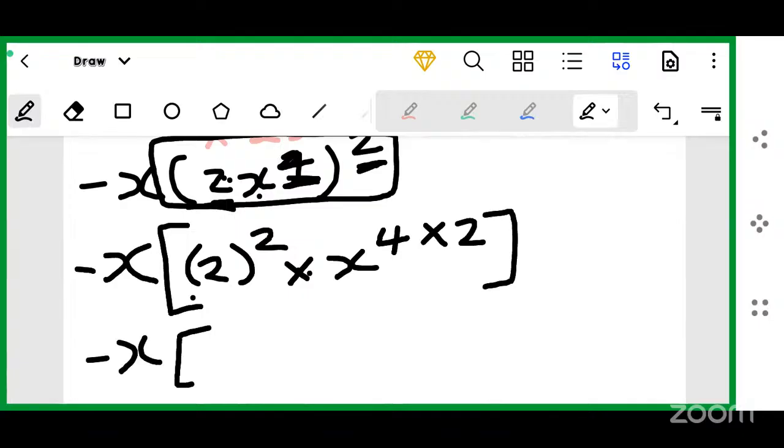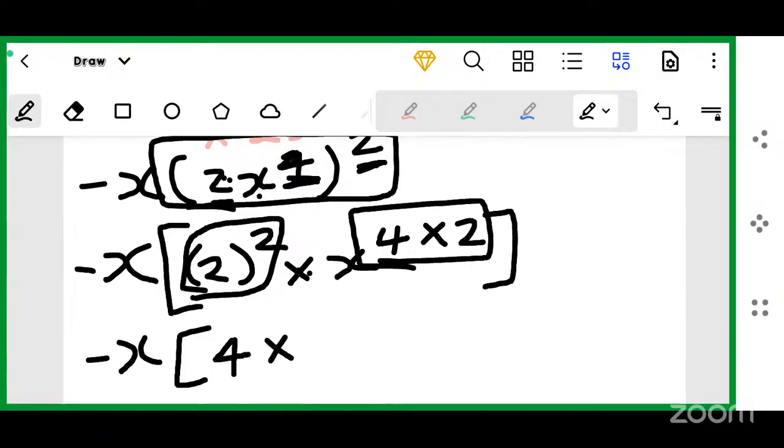So you're gonna punch in a calculator this 2 to the power of 2, and it's gonna give you 4, multiplied by, you're gonna punch this again in the calculator, and it's gonna give you, is this not gonna be 8? I think this is 8, not 16. So it's gonna be x to the power of 8, right?